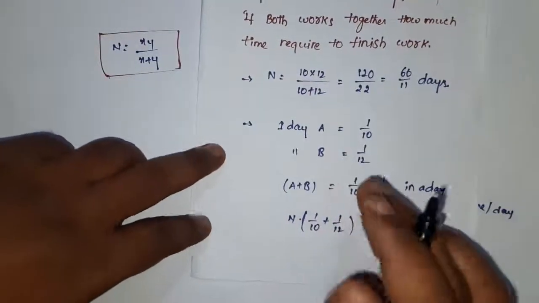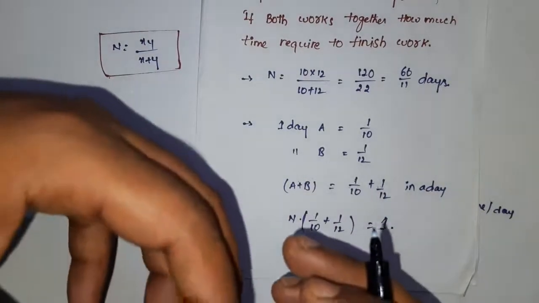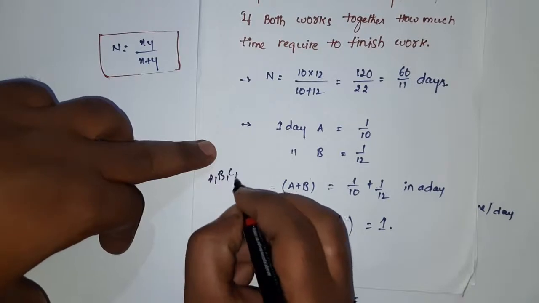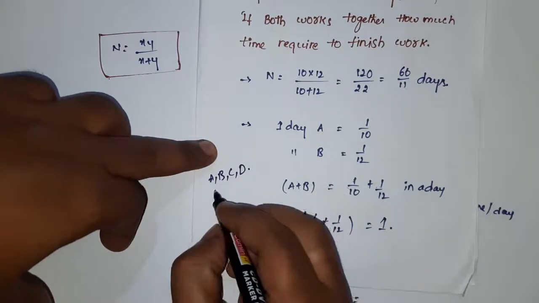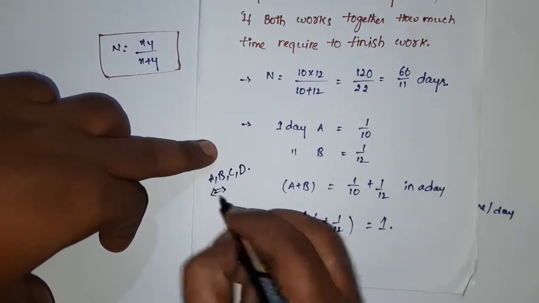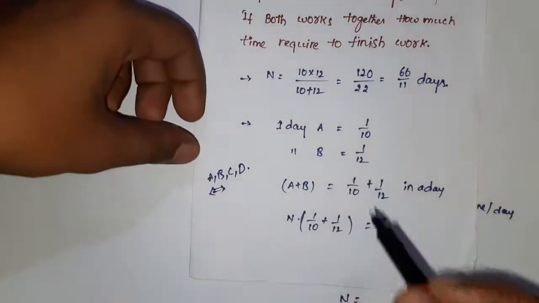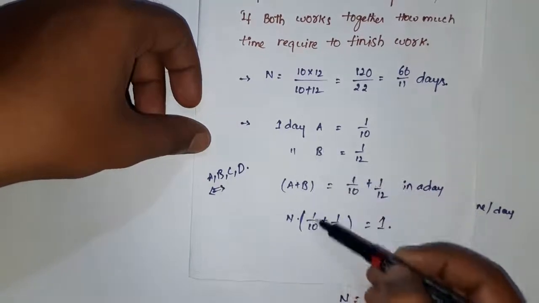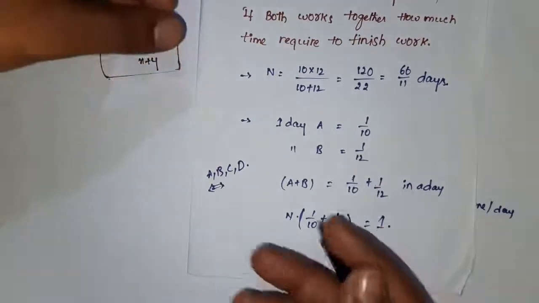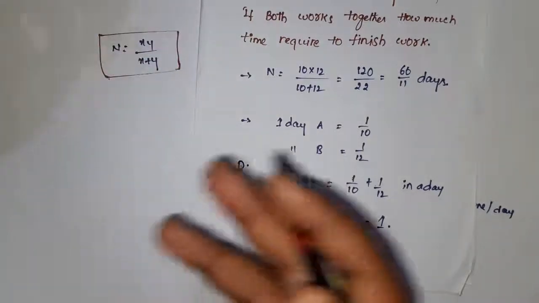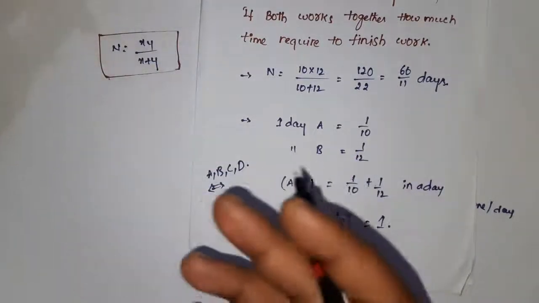But when we are using more people, suppose A, B, C, D, if there are 4 or 5 people, it's better to use this method only, because we cannot always take the LCM and multiply all such things.